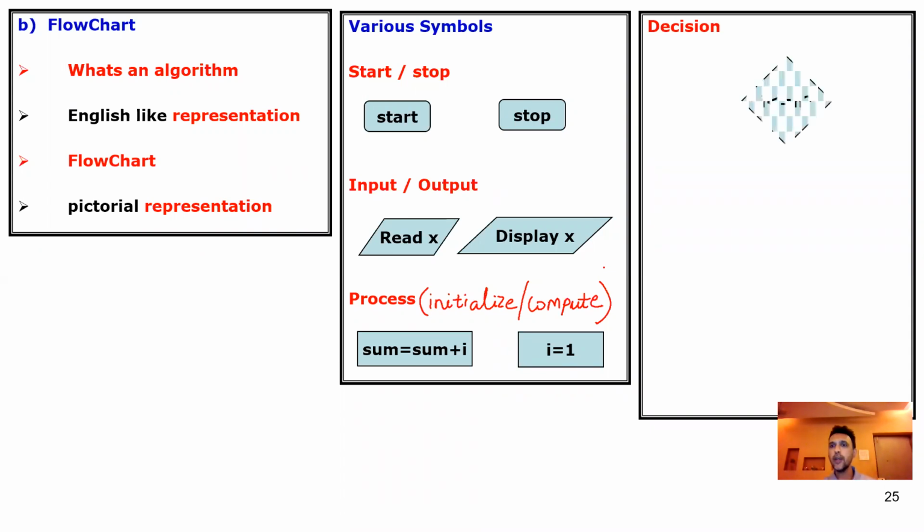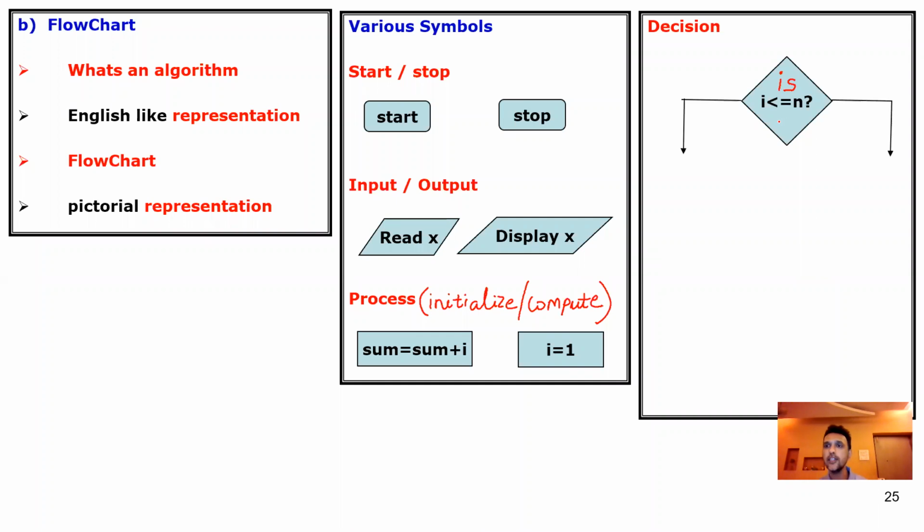Now, whenever you want to make a decision, what you will do is you will use a rhombus, also called a diamond. In the rhombus, in the diamond, you will always start with the word is. I forgot to write the word is over here. And you write is condition question mark. Now, every decision, every rhombus will have 2 exit points.